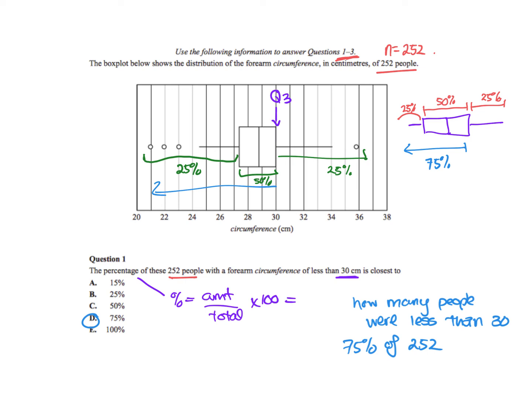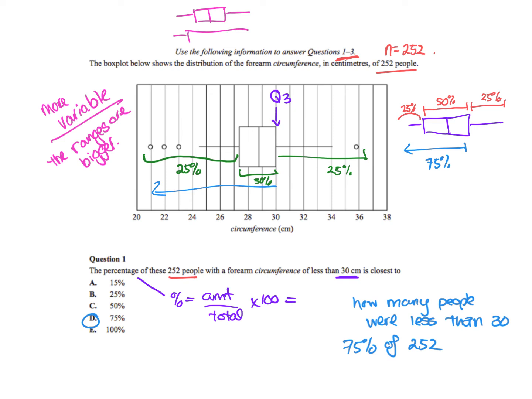Now, the other one I just want to talk about too is if they talk about if something's more variable. That means that if it's more variable, the ranges are bigger. So in box plots, say this was class A, class B, whatever.